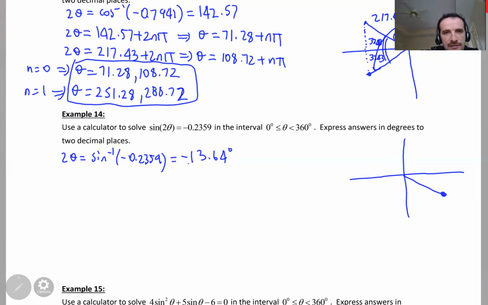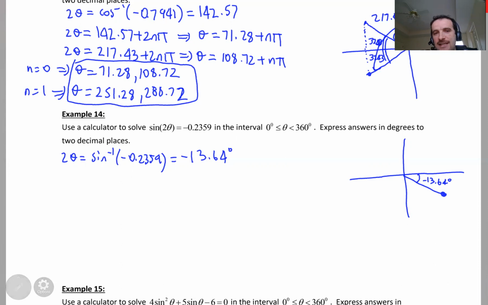Since this is negative, I have to go this way, and this angle is negative 13.64. But again, if this is sine or cosine, there is another angle between 0 and 360 which gives the same sign.